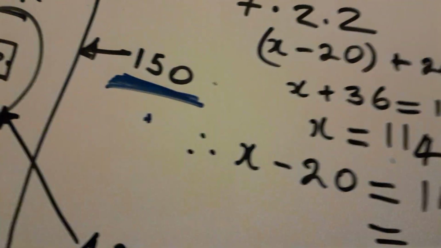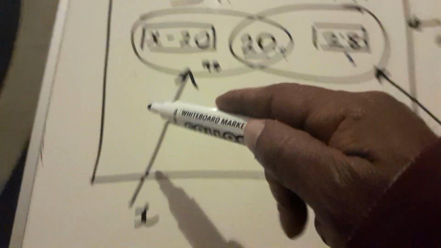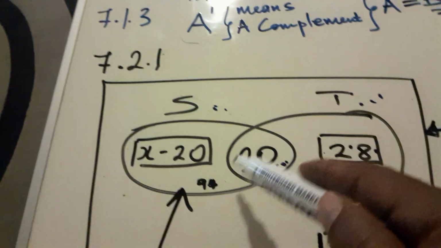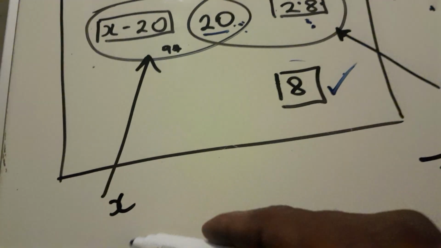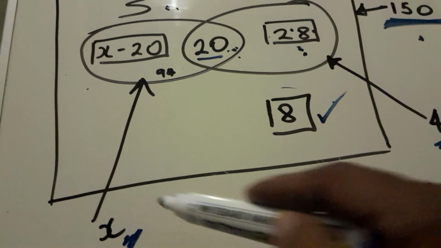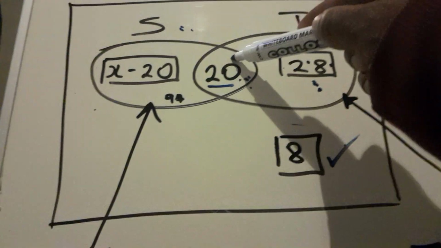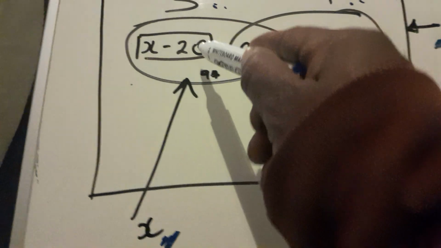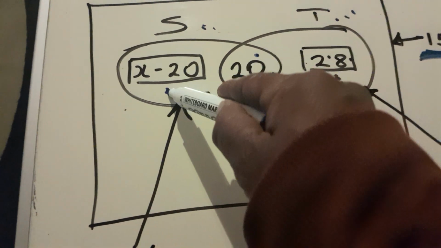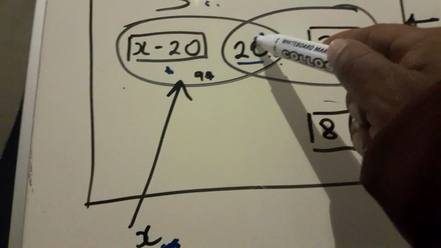Then, X learners own smartphones. You're going to draw an arrow that goes to the set here, smartphones, then denote it as X. You are given that it's X. Now, if I have 20 in the intersection, then those who own only smartphones is going to be the total here minus 20.